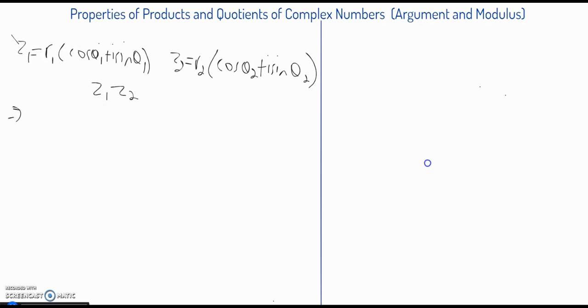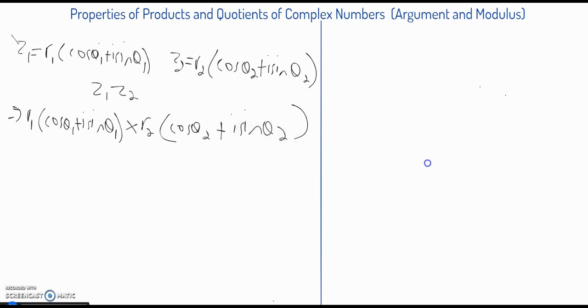Now, this is going to imply R1, open bracket, cos theta 1 plus I sine theta 1, times R2 into cos theta 2 plus I sine theta 2. Now, notice we're taking the products here.